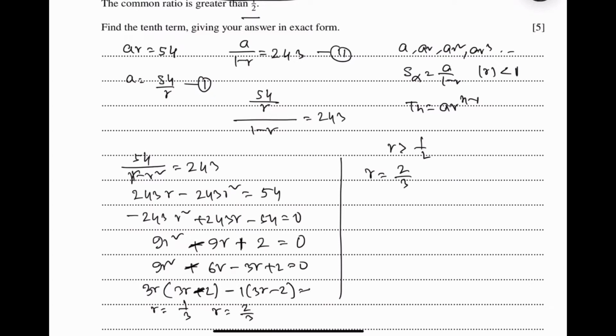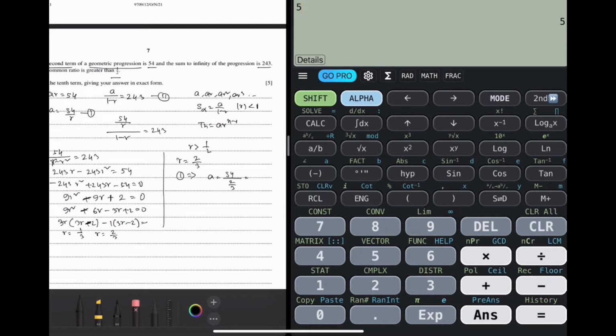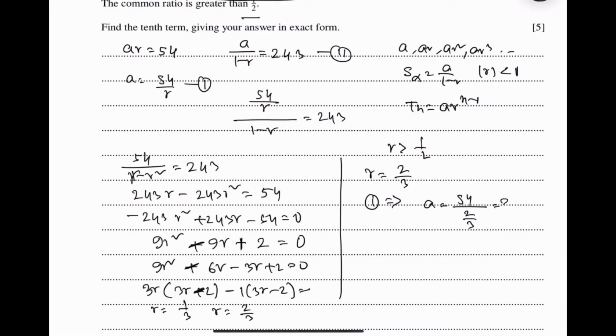Let us substitute these values in equation number 1. a equals 54 by r, r means 2 by 3. So if we simplify 54 divided by 2 by 3, it becomes 81. a is 81.